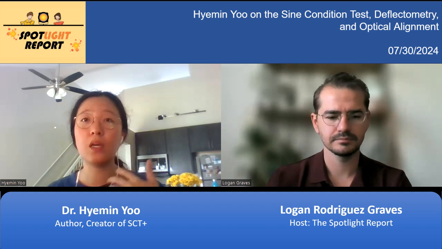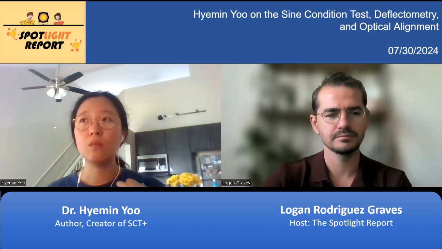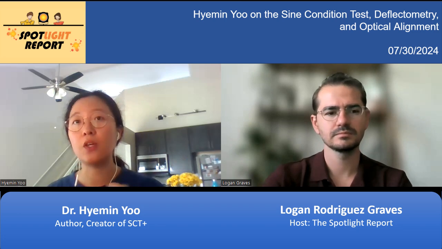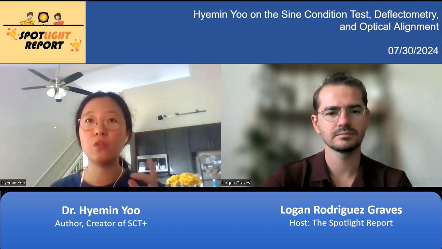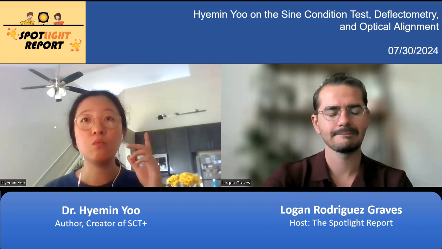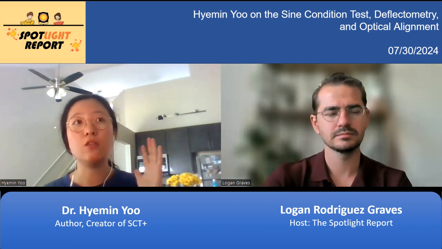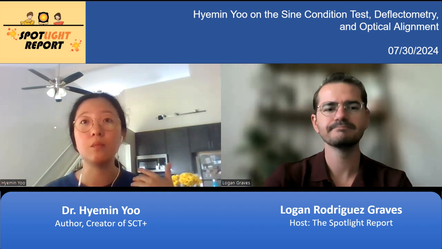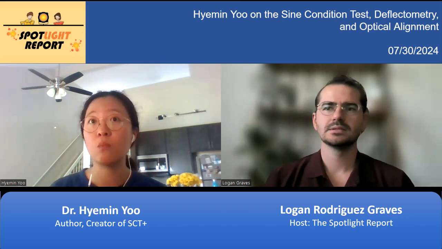Such variations should be applied to your system. There's a specific Sine condition that you want your system to satisfy, and you have to make sure of that. But if you do that correctly, then basically you can apply this methodology to any kind of system to measure linearly field dependent performance.